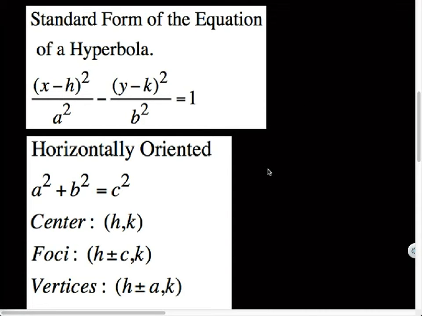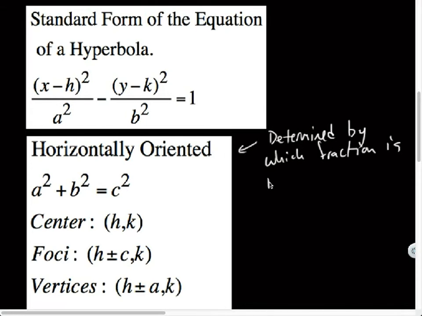So this is a horizontally oriented hyperbola. And the way you actually determine the orientation of this is by whichever fraction is positive. So that's good stuff.